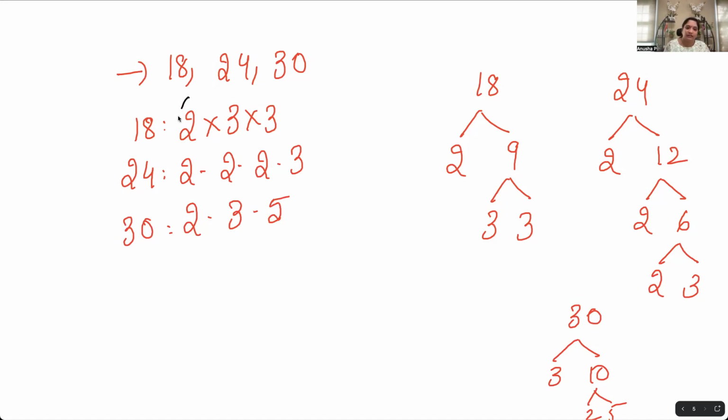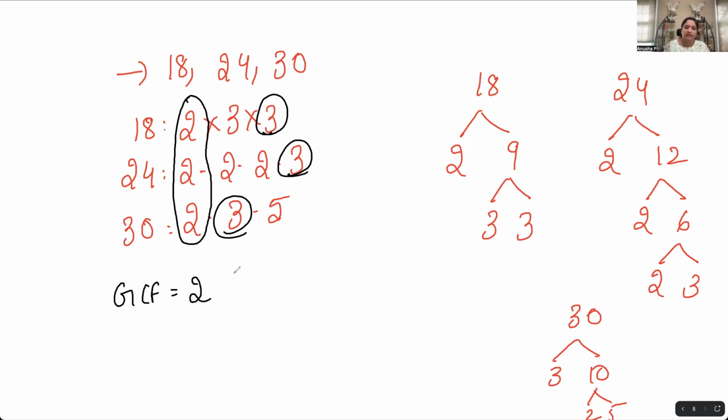In order to find the GCF, you will circle the common factors. GCF is 2, and here 3 is also common in all the numbers. 2 times 3 is 6. To find the LCM, we will write the common numbers once: 2 times 3. And then we have to do the remaining numbers.